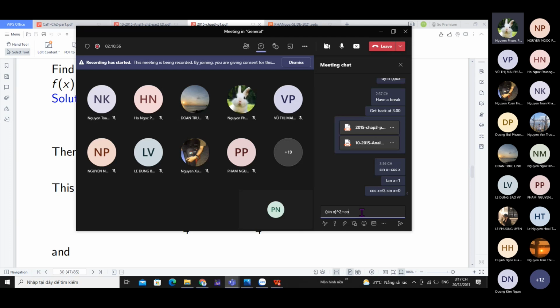Plus cos of x squared equals 0, right? Here x is a solution of the equation psi of x equal cos of x.